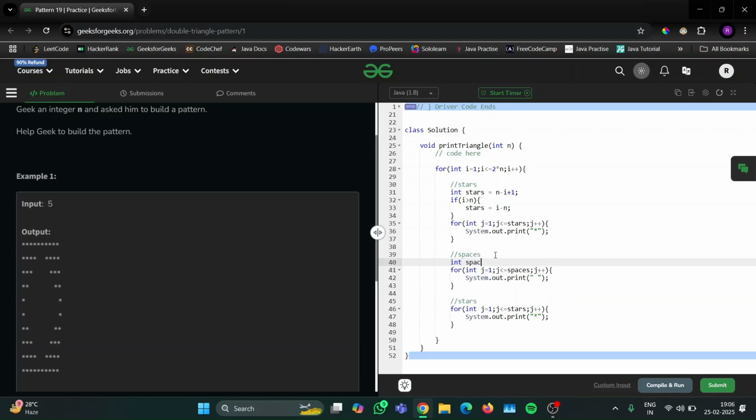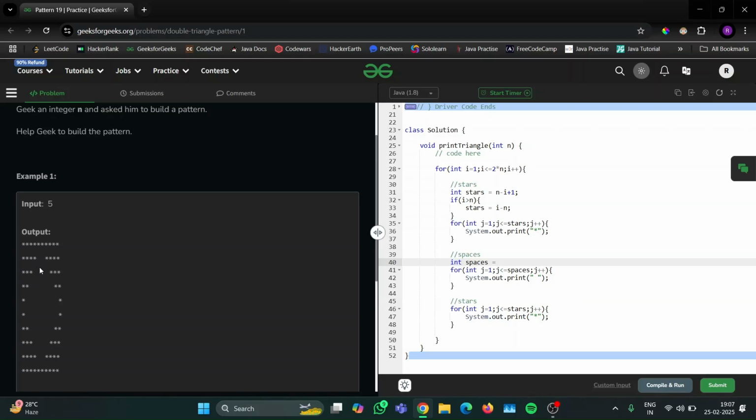Int spaces. Now observe the first half of the pattern. Here we have zero spaces in the first row. I is equal to 1, number of spaces is equal to 0. I is equal to 2, number of spaces is equal to 2. I is equal to 3, number of spaces is equal to 4.